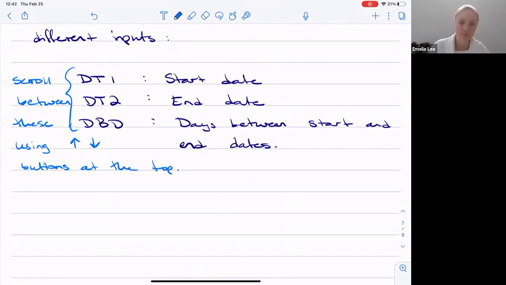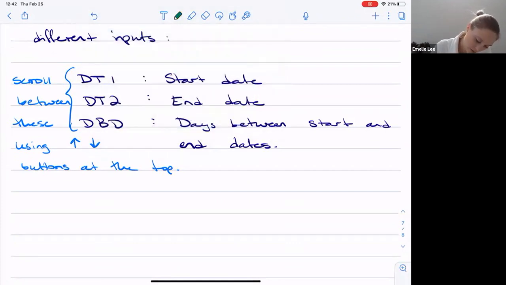You can scroll between these, and like we said, given any 2 of these, it'll be able to compute the third.